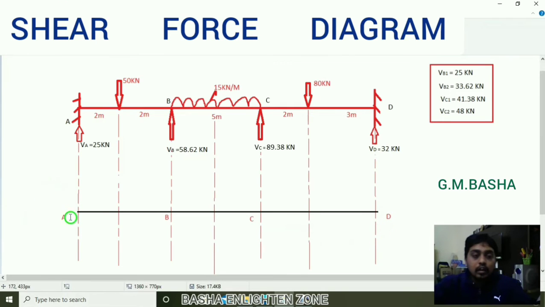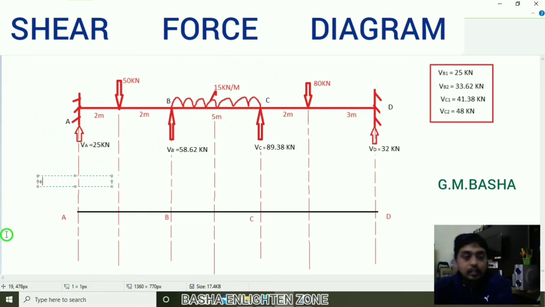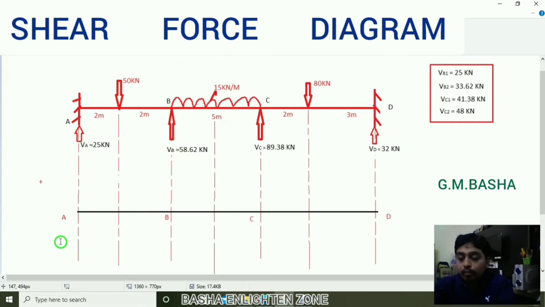Then see here, upward always take one point here. Upward will be positive and downward will be negative.